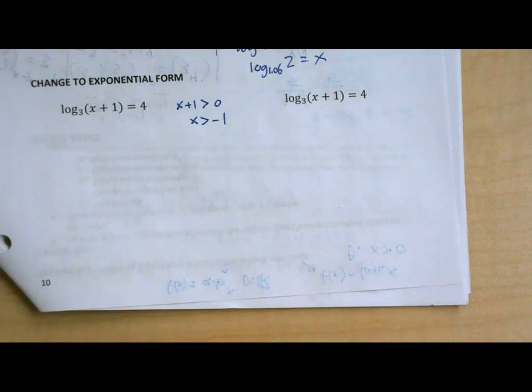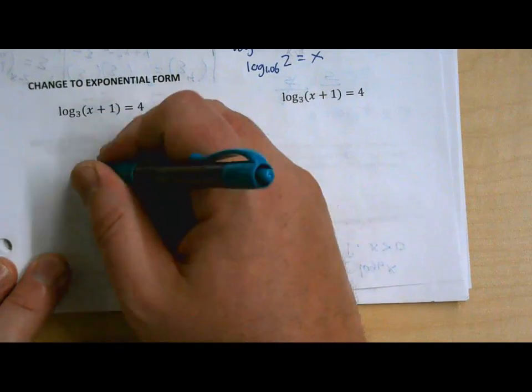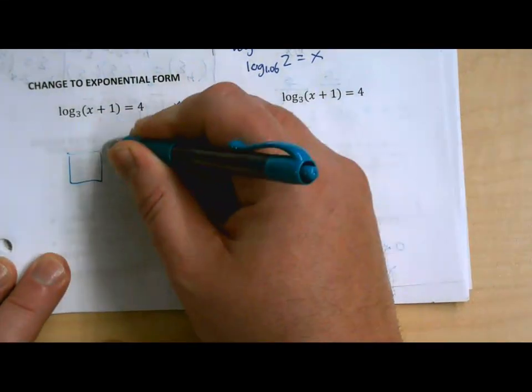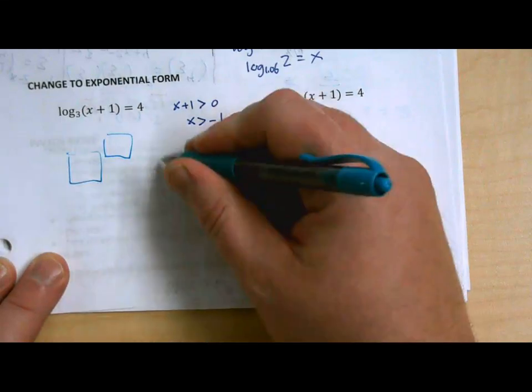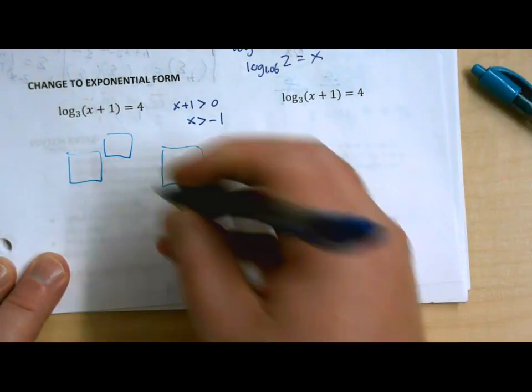All right, we'll keep that in the back of our mind. Let's go ahead and solve this thing. One way to solve these is to change into an exponential form. So just like we did a moment ago, changing an exponential into a log, can you remember how to change a log equation into an exponential equation?